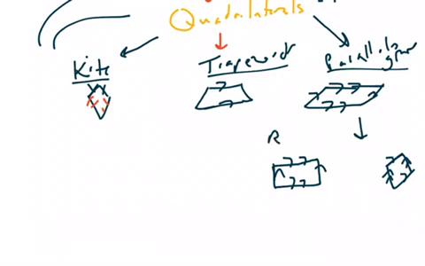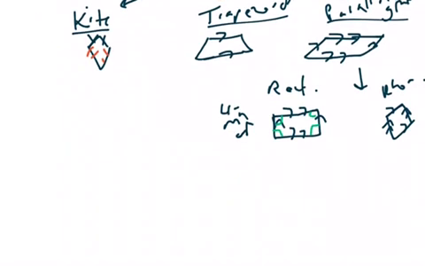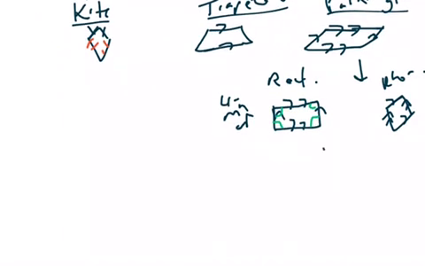So this is a rectangle, and this is a rhombus. But what makes these different is this one has 4 right angles, and this one does not. The rhombus does not. So over here you can say 4 right angles, and over here, not 4 right angles. And now even more specific, under parallelogram, our most specific quadrilateral that we talk about is your square.